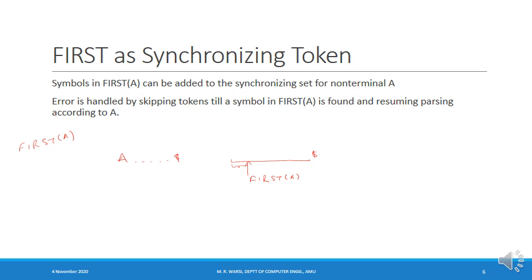So in order to recover from the error, I can skip or eliminate these characters from the input buffer, and I can resume the parsing from the symbol which is there in the first of capital A and appearing later on in the input buffer, and I'll resume the parsing with A being on top of the stack. So what does it mean? It means that the symbols which are there in the first of capital A can also act as the synchronizing token if they are appearing later on in the input buffer, and I find that capital A is there on top of the stack.